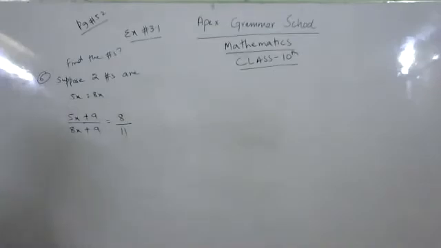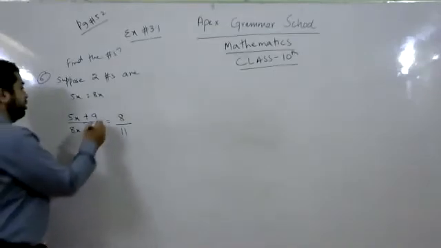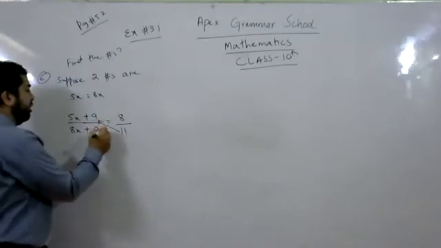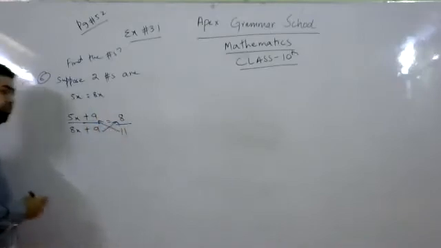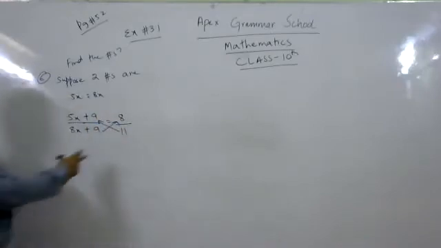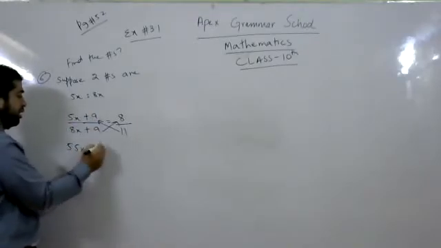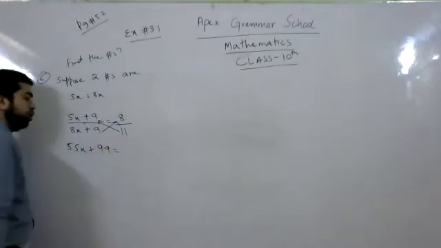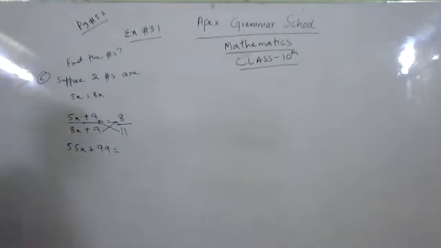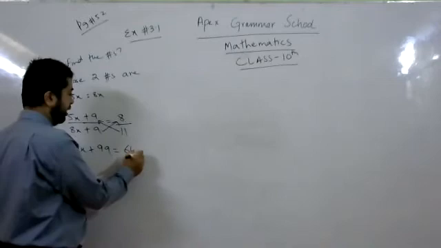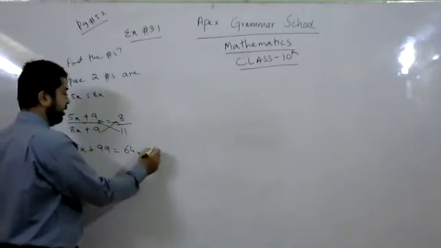So how can we solve this? Again, it is the same situation. 11 will be multiplied here. After cross multiplication, 11 times 5 is 55x plus 11 times 9 is 99 is equal to 8 times 8 is 64x plus 8 times 9 is 72.